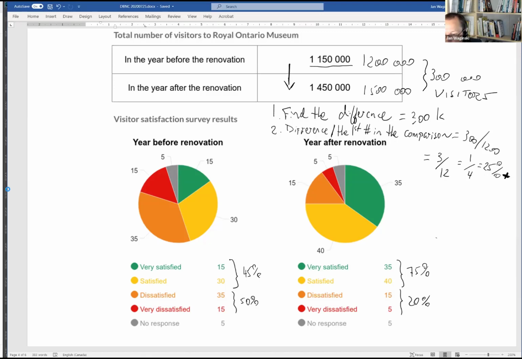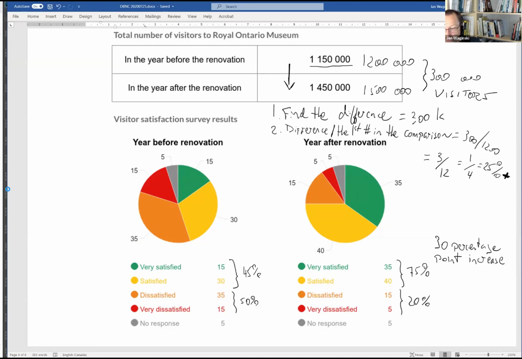That's a 30 percentage point increase, which is okay. That's a starting point, but it doesn't tell us very much. It'd be more helpful to know what the increase in percentage would be.